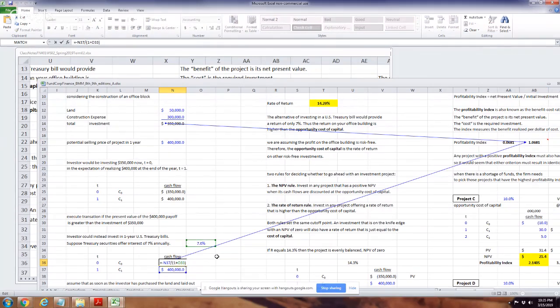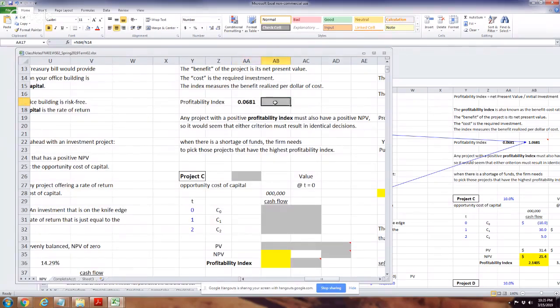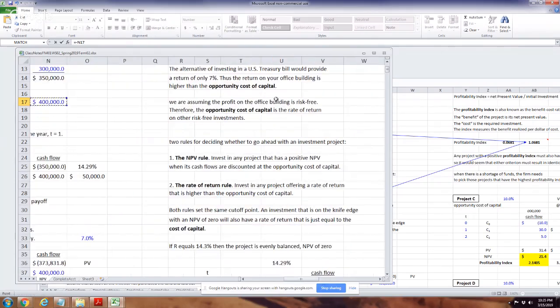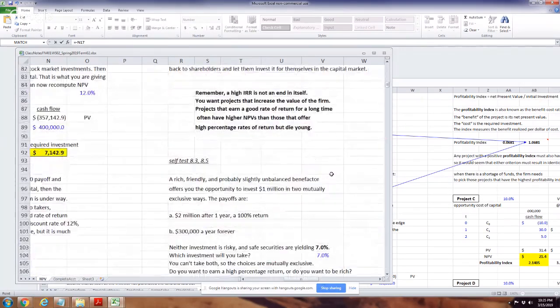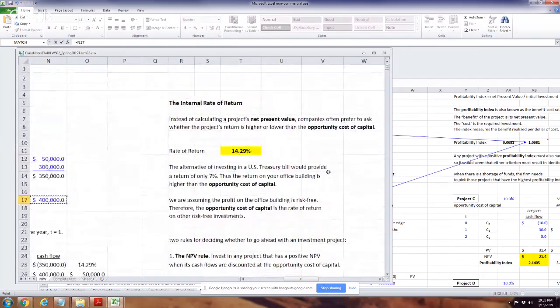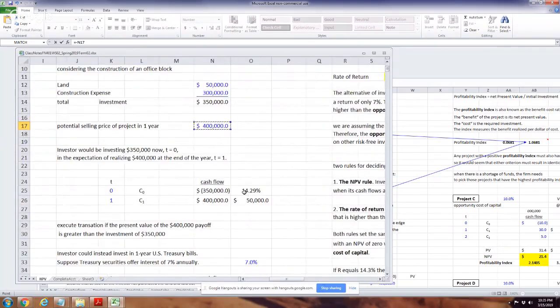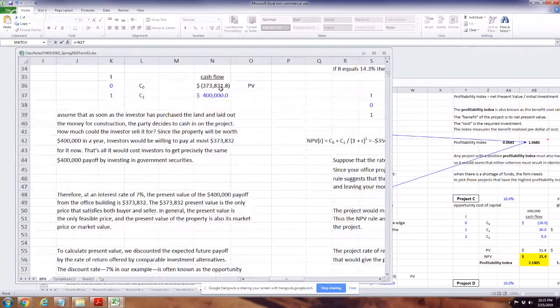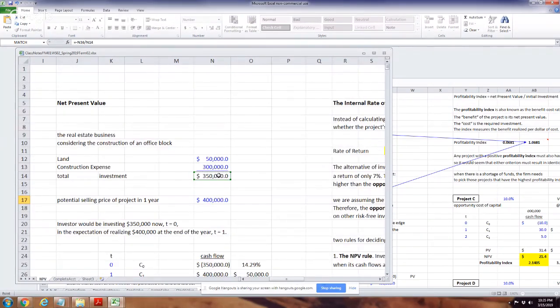That's a present value of 400,000 a year out, because that's what you're getting, and your investment is 350. So equals, make it a negative, the present value that we just computed, and then divided by the investment, which was 350.